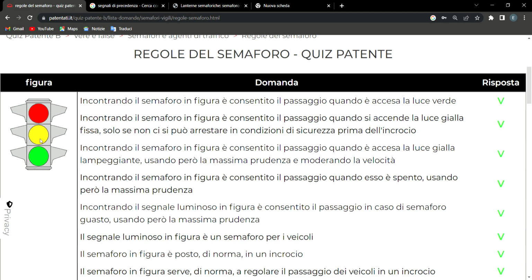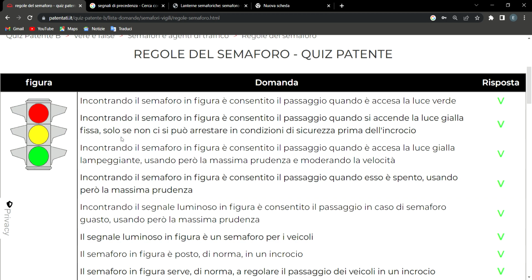The other one again is the luce gialla fissa, which is known as the yellow light. This one is put on immediately the green light is off. It also permits stop. It simply means you stop.